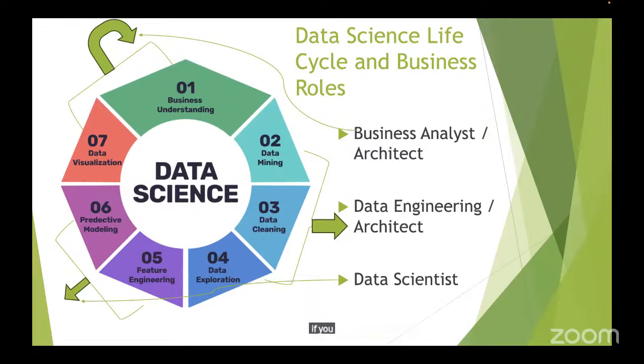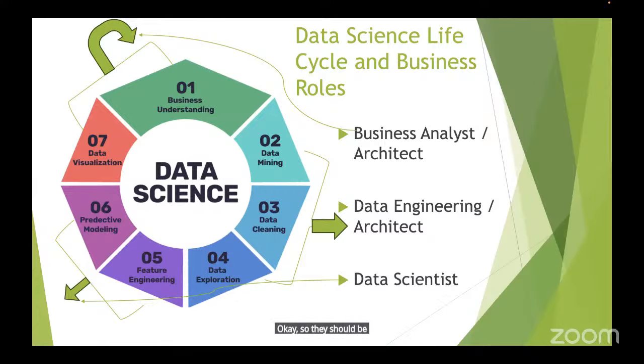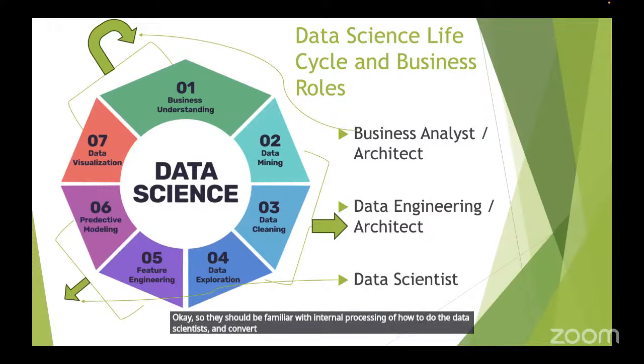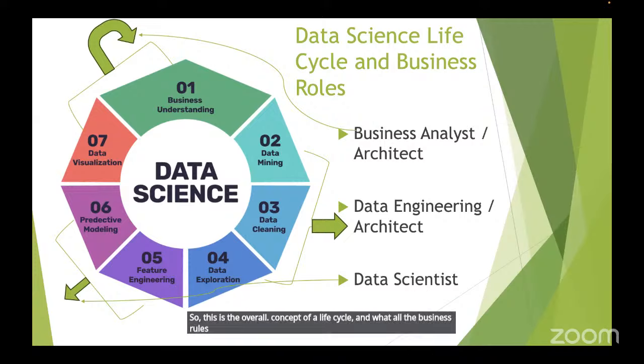If you see a lot of LLM models like ChatGPT 5.0, which is the latest one, a lot of things are used in this particular modeling set. So they should be familiar with the internal processing of how to convert into features and predictive modeling. So this is the overall concept of the life cycle and what all the business roles are that are applicable at a high level.